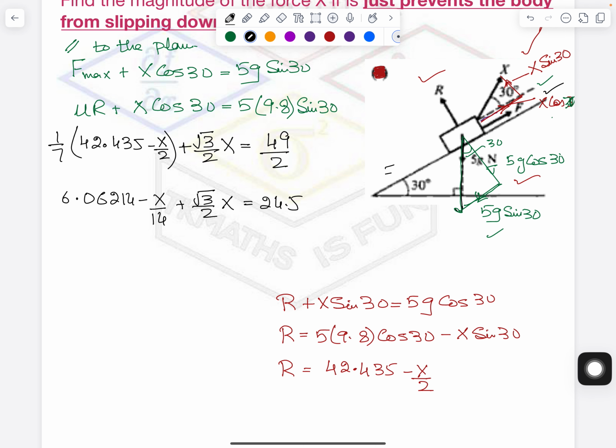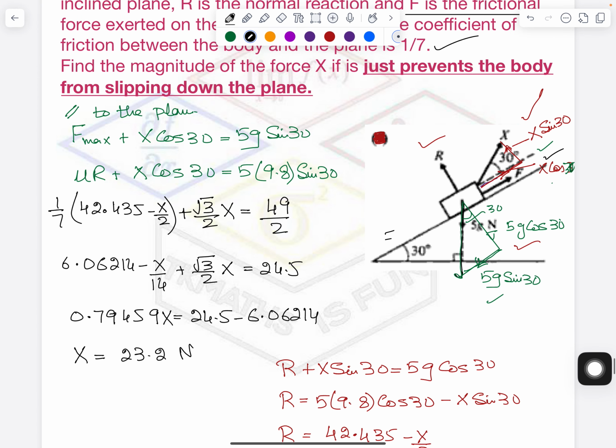You get here 0.79459, is equals to, the rest I'm taking to the other side, 24.5 minus 6.06214. So now you got the value of x as 23.2 Newton. Okay, so this is how you have solved the question.